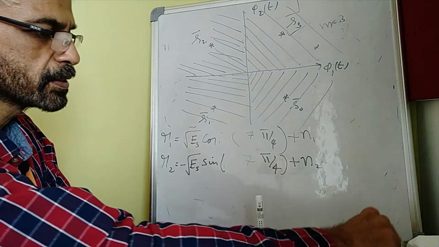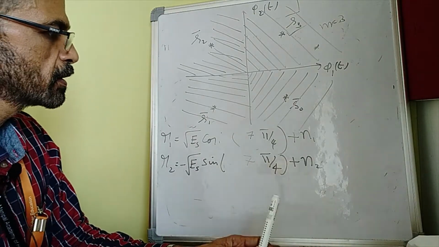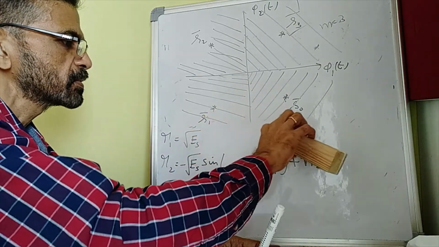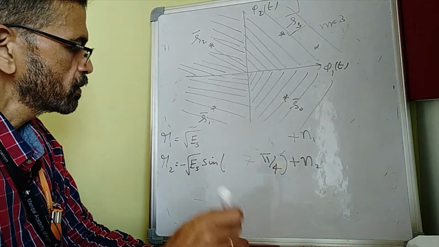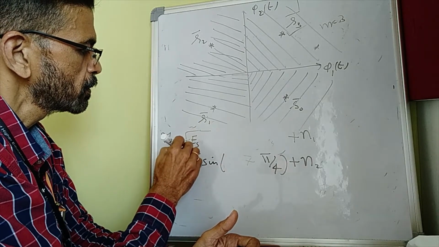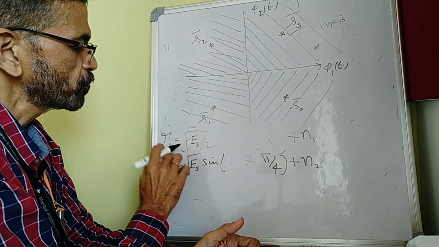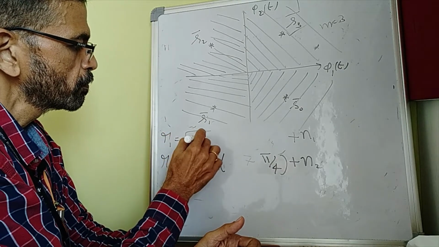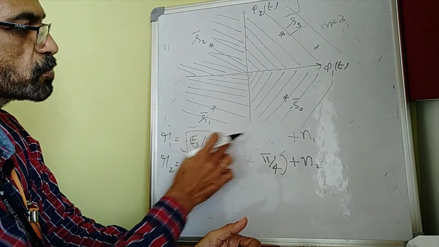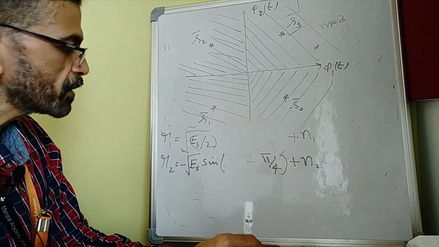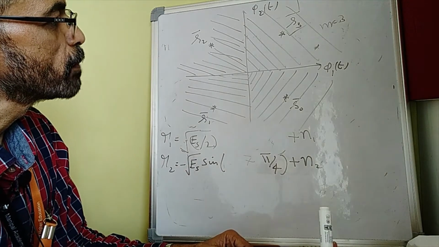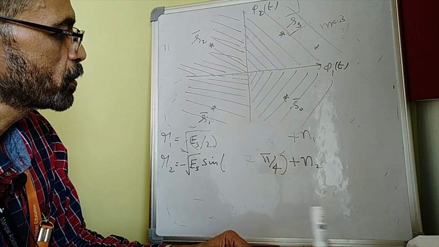So you will get the result as root Es by 2, the whole under root, plus n1, and sine 7 pi by 4 will be minus 1 by root 2.